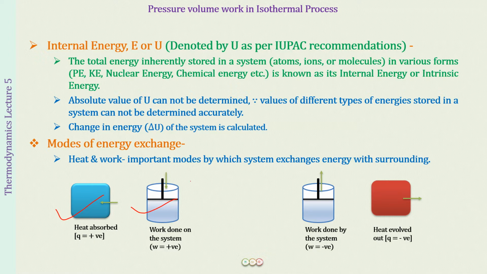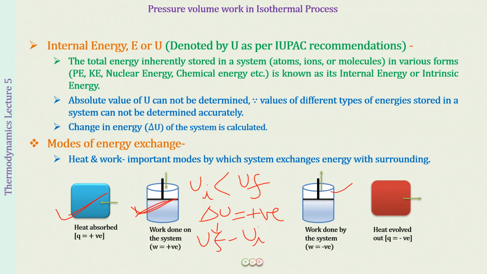If I represent the initial internal energy of the system as Ui and the final internal energy as Uf, because the internal energy is increasing in these two processes, we can say that Uf is greater than Ui. So delta U is going to be what? Delta U will be positive. Delta U is equal to Uf minus Ui. Now what will happen in this process? Well, Uf is going to be less than Ui, sorry.